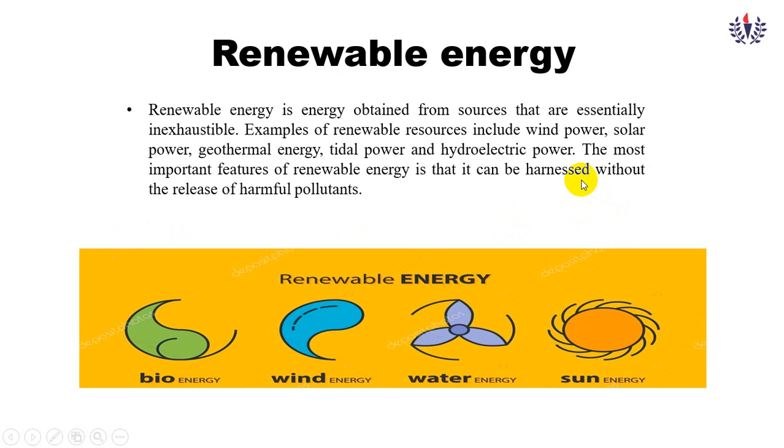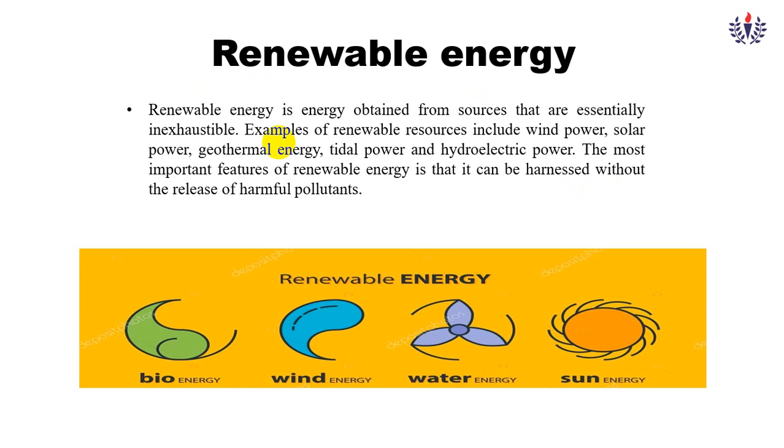So we are going to speak about renewable energy. This is also one more type of non-commercial energy, in other words. And one more word we can use is non-conventional methods. We are converting them into conventional methods nowadays. Renewable energy is obtained from sources that are essentially inexhaustible. It is always available, and it cannot be diminished within years.